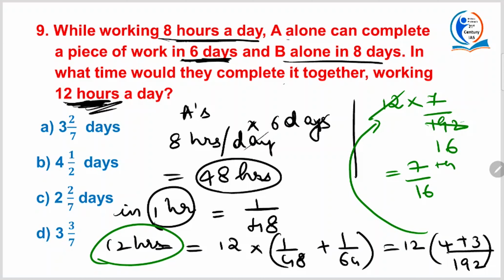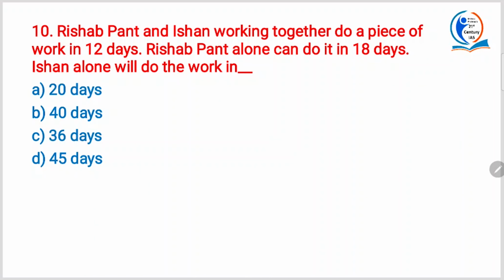So the total number of days will be equal to 16 by 7 in fraction form. If you observe the options, this is gone, right? So 16 by 7 is how much? 2 7s are 14, so 2 and 2 by 7. So C is the answer.